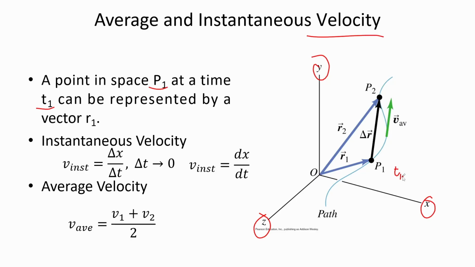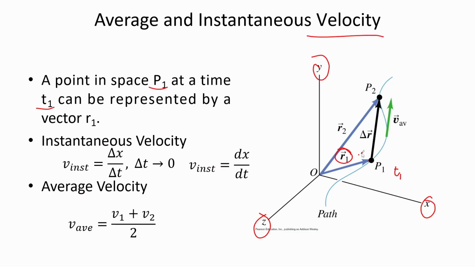And you have another point p2 at the time t2. This vector r1 describes that position with respect to the origin, that initial position, and r2 describes the position from the origin of the coordinate system.